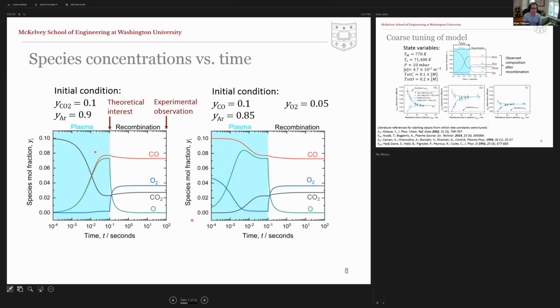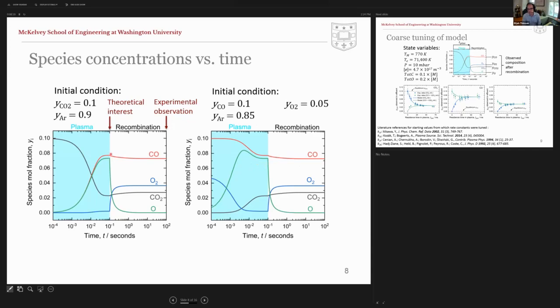Okay, so this is what a typical concentration transient looks like for this model. These transients are for two different initial conditions. One is CO2 in argon, the other is carbon monoxide and oxygen in argon initially. You can see that in the plasma, the CO2 is dissociated and it forms carbon monoxide and atomic oxygen. And then after these species leave the plasma, of course, that atomic oxygen is extremely unstable.